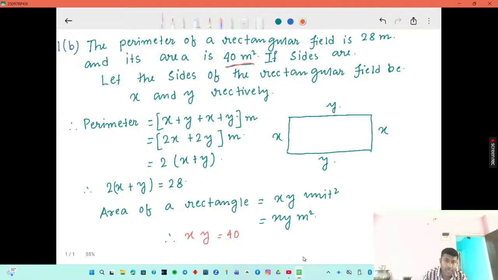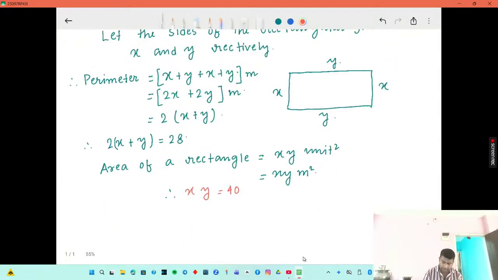Now we will find the value of y in order to simplify this question. From this equation we can find y as y is equal to 40 by x. Now we have converted this question into a single variable by calculating the value of y.